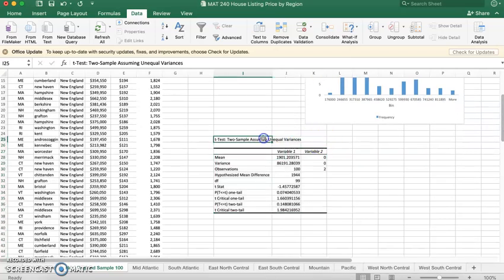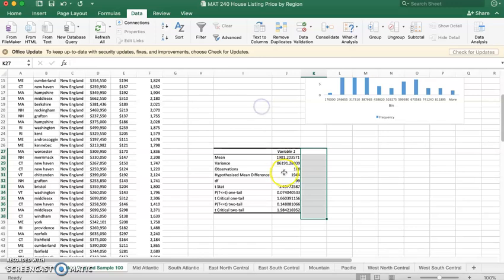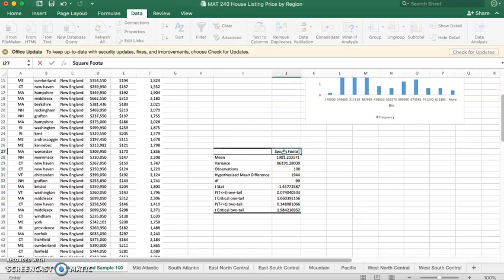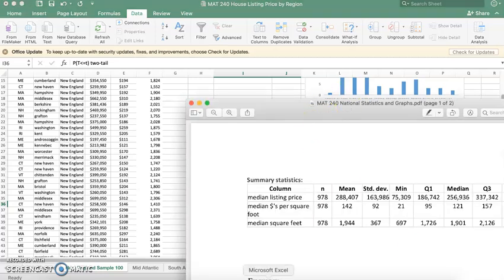So we're going to clean this up a little bit, just to make sure we're looking at the right stuff. We're going to delete this, shift cells to the left. And this variable now is square footage. All right, so now we have our two-tailed hypothesis test, where the p-value is 0.148.